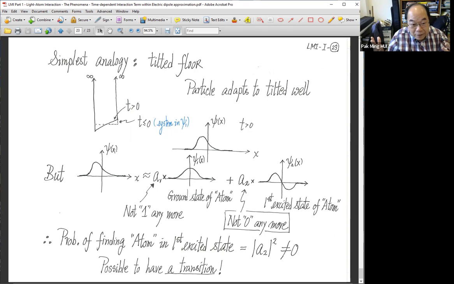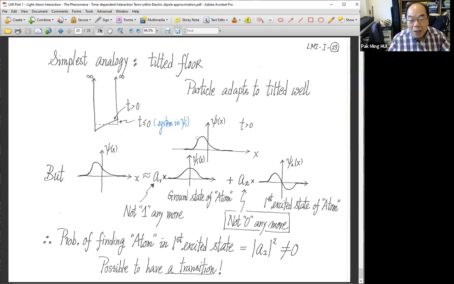That is time dependent, but a very dull time dependence: time less than 0, time positive. Nonetheless, it's tilted. Let's say the wave function adapts to the tilted well. You know that the ground state becomes something like this for the tilted well. To make use of the lower potential energy on this side, the wave function tilts to the left-hand side.